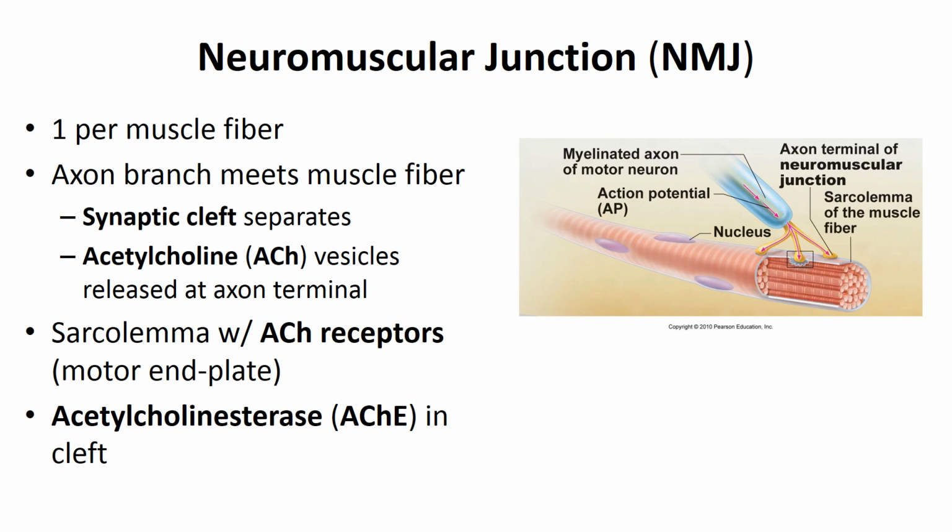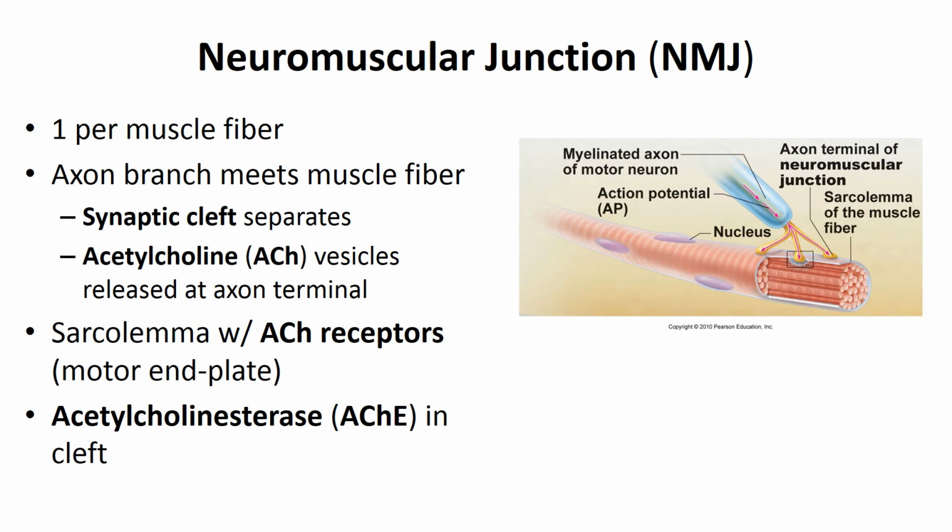So let's talk about the physiology of skeletal muscle contraction. First, let's examine the neuromuscular junction and nerve stimulation. Skeletal muscle cells are stimulated by a motor neuron. The axon of each motor neuron branches extensively to form numerous cellular extensions called synaptic terminals.